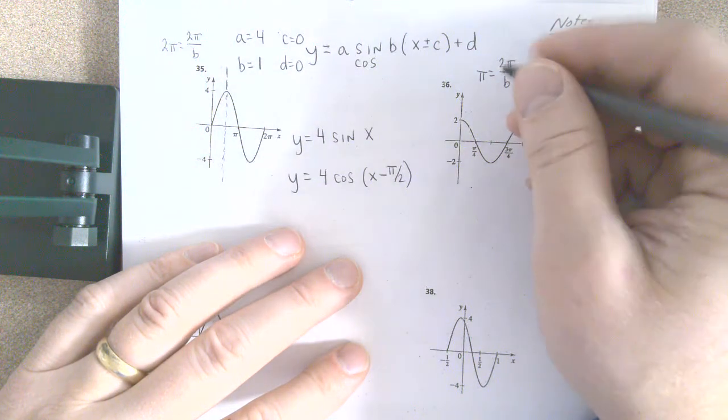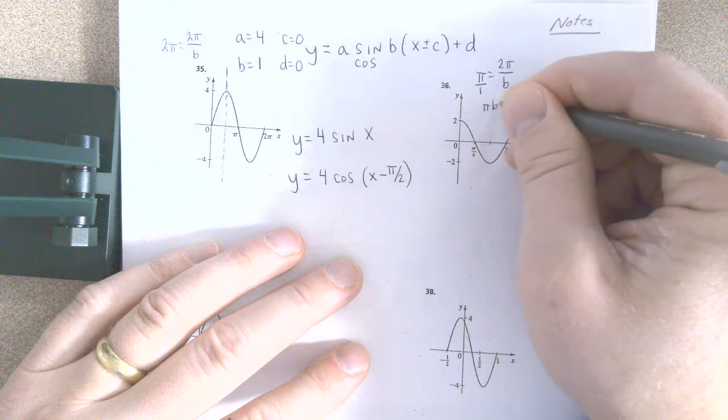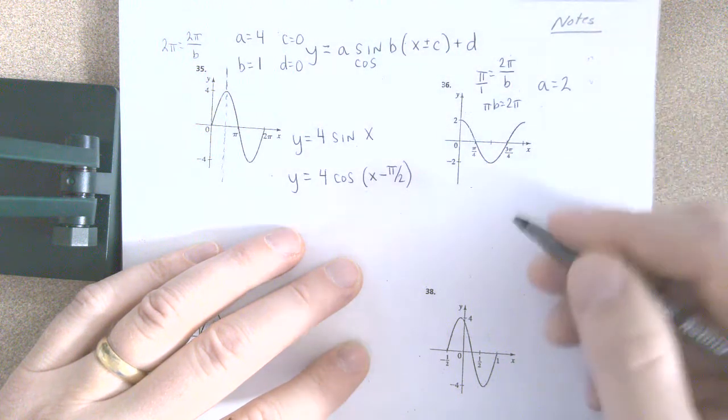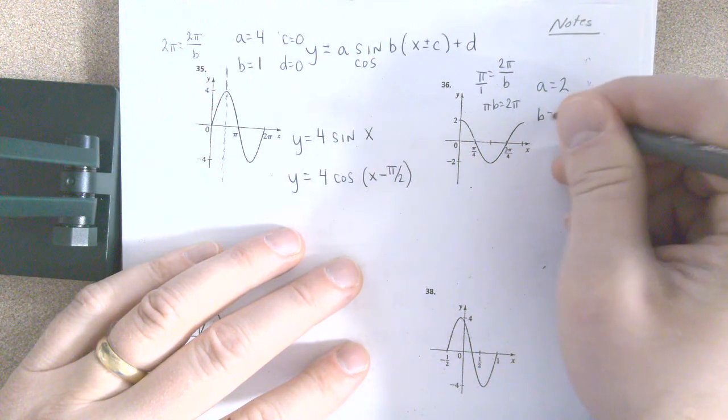Well, if I solve that, I get pi times b equals 2 pi. And if I divide by pi, b is simply 2.